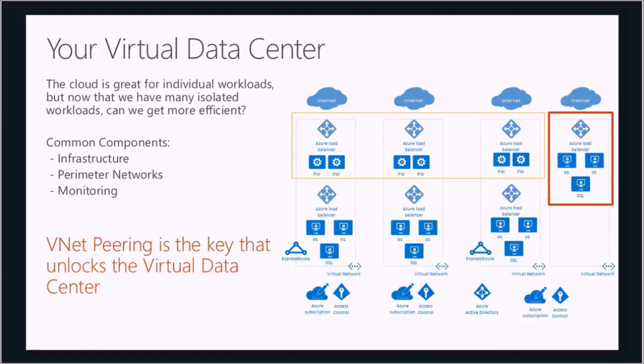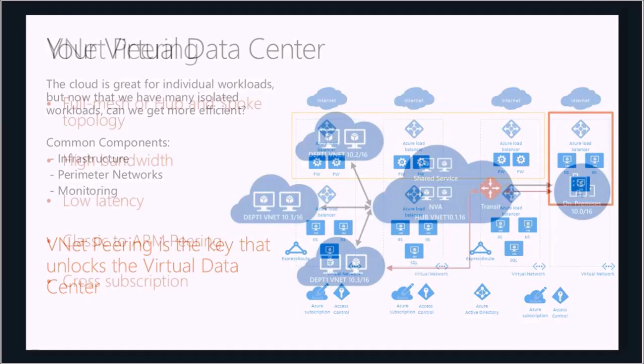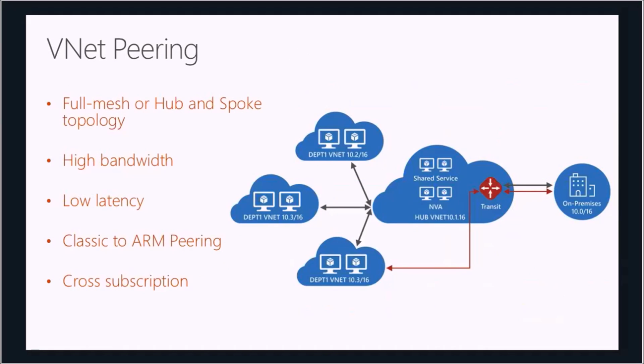So VNet peering is one of the key elements that unlocks that and makes that scenario much easier, where you could centralize, with virtually no performance hit, all the centralized infrastructure, like the firewalls and the intrusion prevention systems.